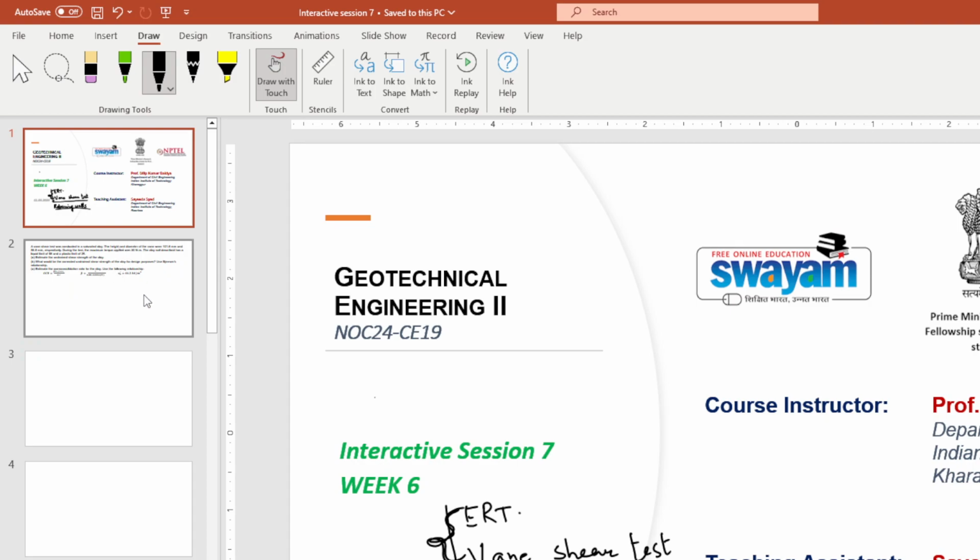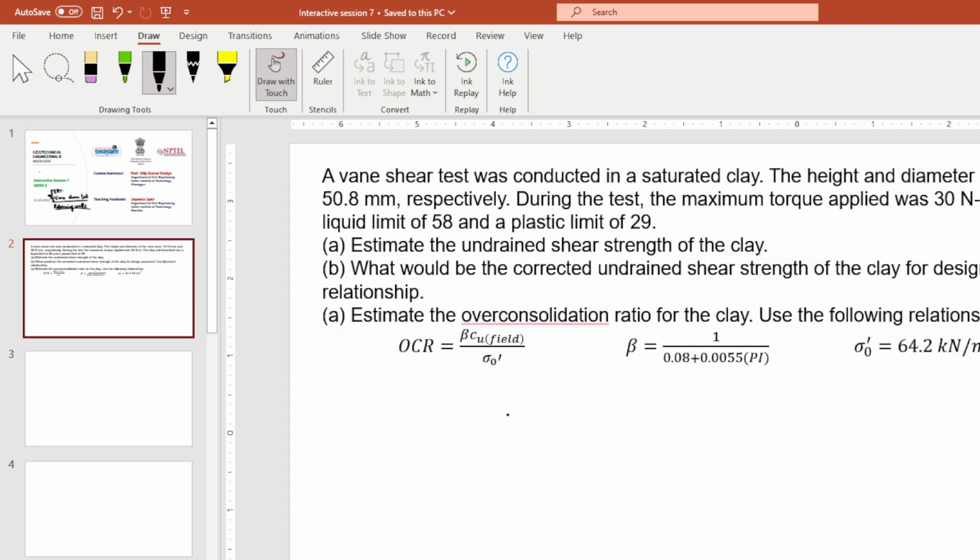Okay, so let's go to the question. A vane shear test was conducted in saturated clay. One second. Just a second.